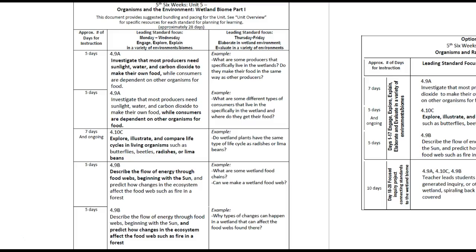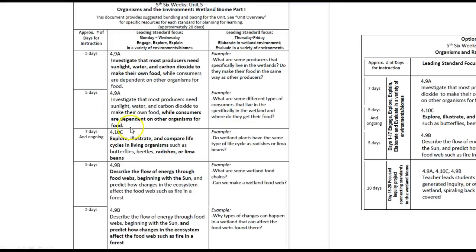This is just a close-up view of option one that we were looking at on the last screen. So you'll see that the unit is chunked into these different areas of about 5 to 7 days, and we start off with 4.9a, and you'll notice that it's listed there twice. 4.9a is a very dense, very thick standard, and so we're going to take 5 days to take the first part of that standard, focusing on producers, and then really that's about photosynthesis.